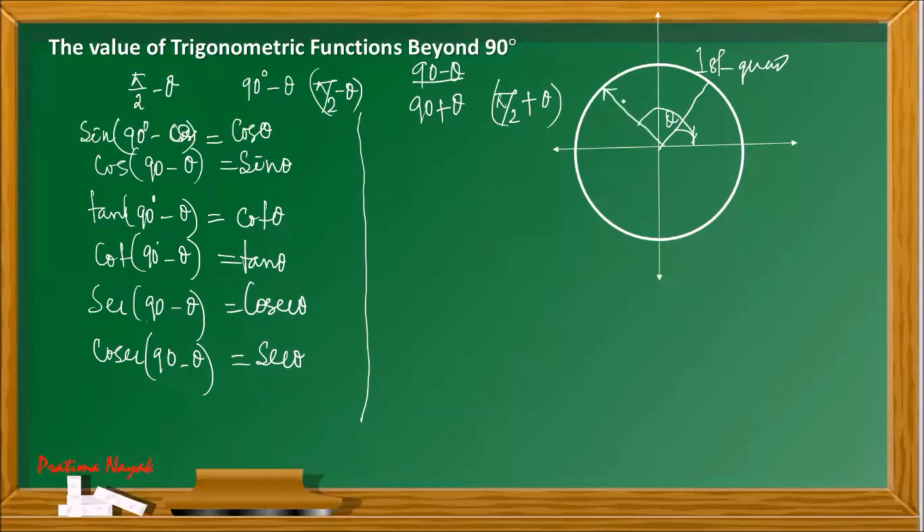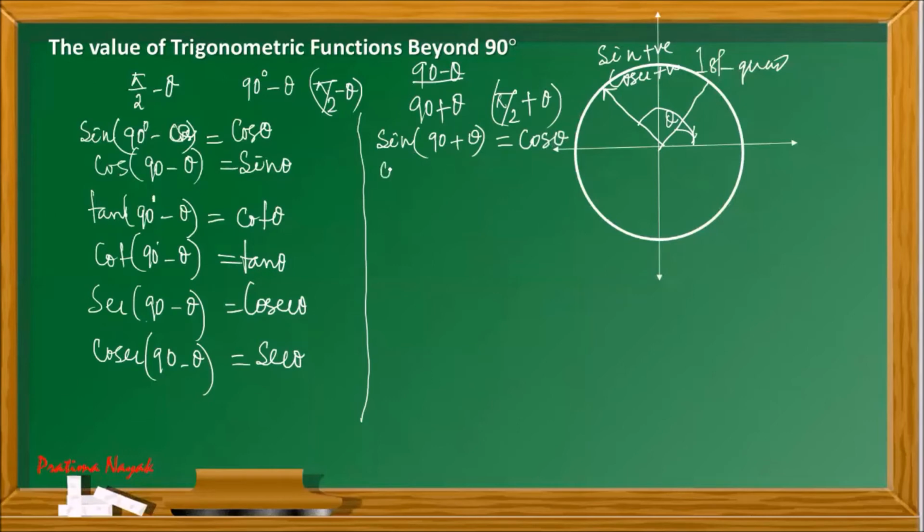In the second quadrant, sine is positive, cosec is positive, and the rest are negative. So sine 90 plus theta is equal to cos theta, because sine is positive.